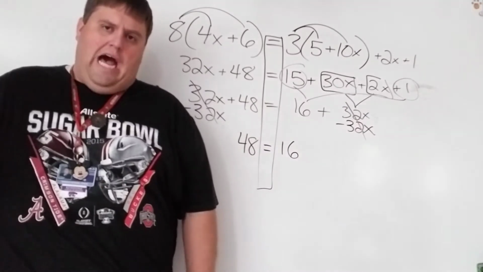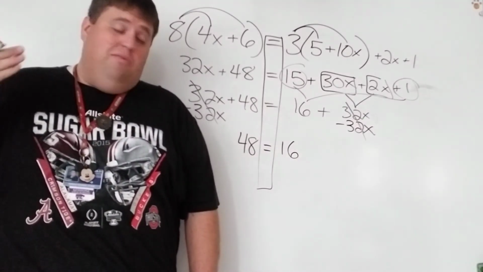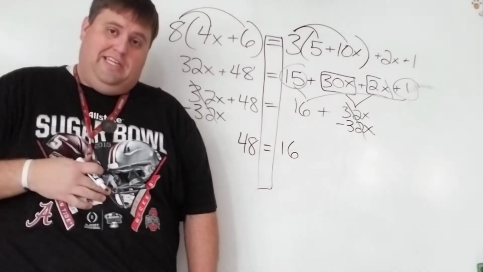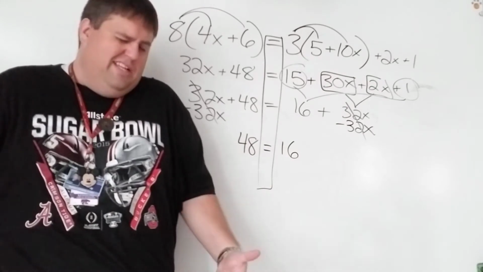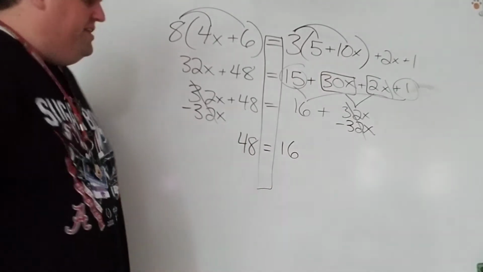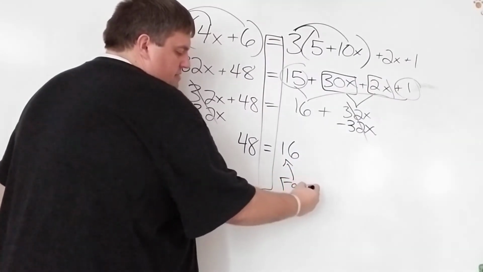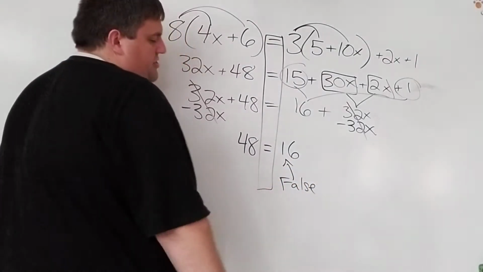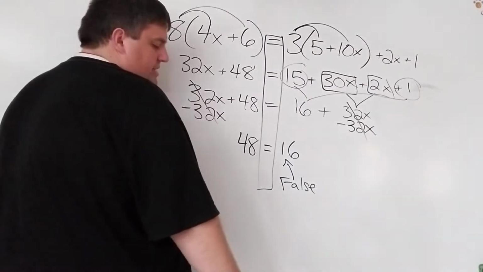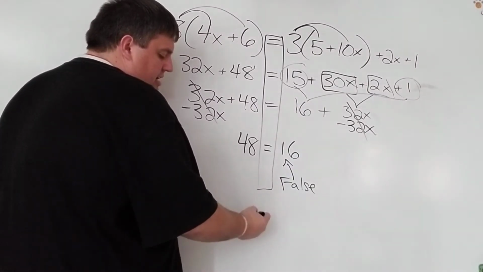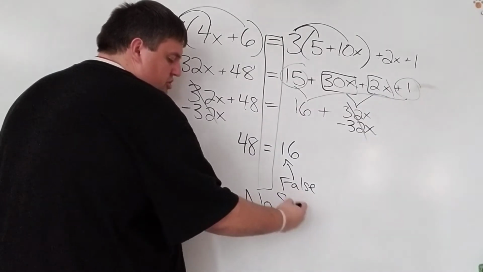Now, I'm no doctor, but I don't think that 48 equals 16, right? That's not true. So if this statement is a false statement, maybe it says 2 equals 3, whatever it is, then our answer here is no solution.